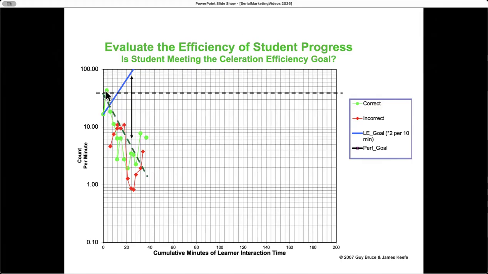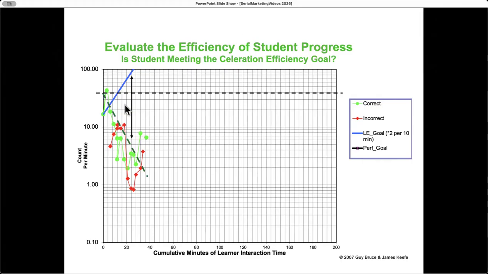So the decrease in the number of appropriate interactions per minute, the green dots, they continue to decrease, and they decreased as a function of their implementation of the old teaching procedure.